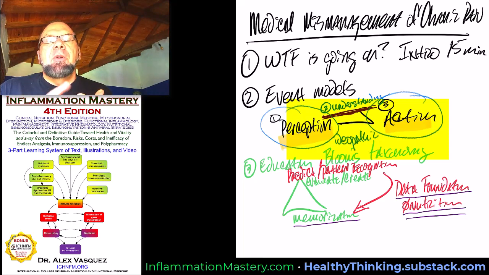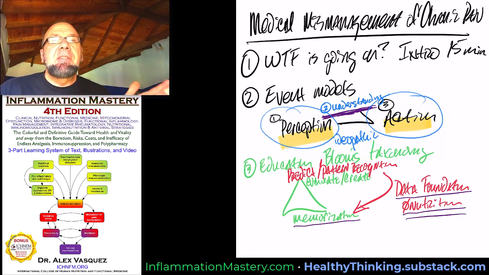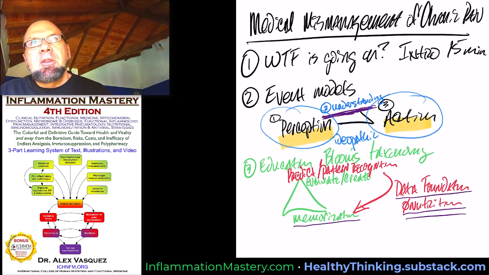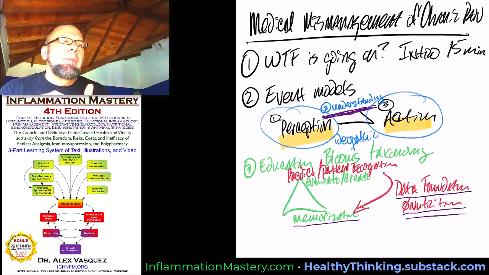Then postgraduate residency training, which is just slave labor with very little actual education involved. It's mostly doing, with a little sprinkling of information on top, but the amount of detailed learning that takes place is close to zero.